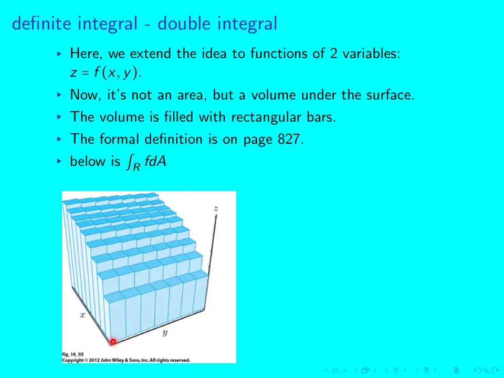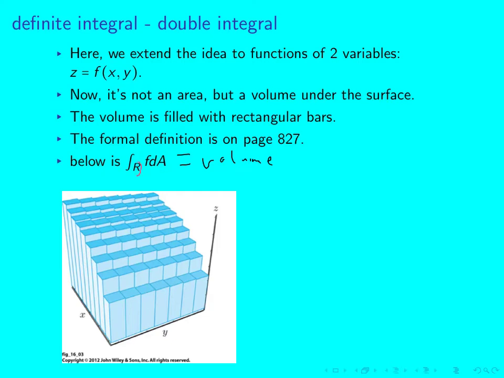Did I say area a couple times? Volume under the surface, and that's the definite integral. So again, this definite integral, or in this case a double integral, you want to think about as a volume.